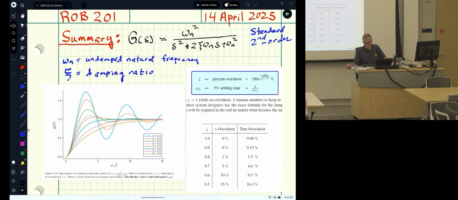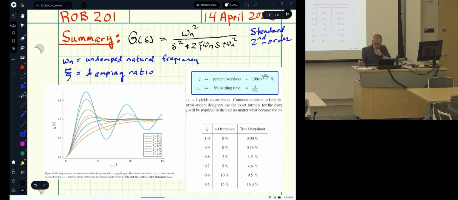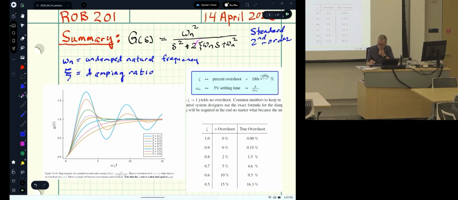So we'll get going. With a standard second order transfer function, we can predict its transient response very easily. We parameterize it using two numbers, omega n, the undamped natural frequency, and zeta, the damping ratio.